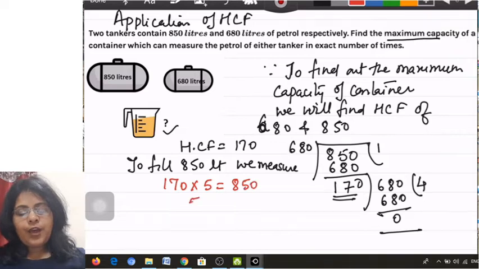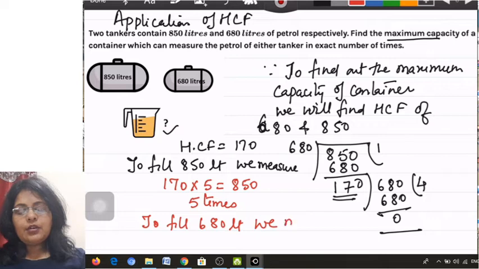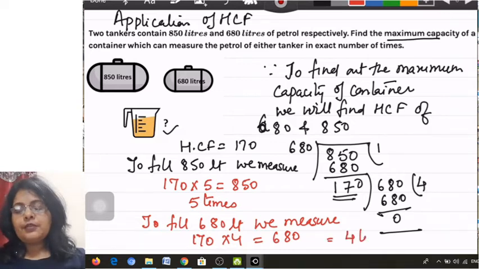So the answer is 5 times. And the next one, 680. Second container is of 680. So we will write, to fill 680 liter we measure 170 into 4. What do we get? 680. So now this will conclude to 4 times. So this is how we will solve the question.